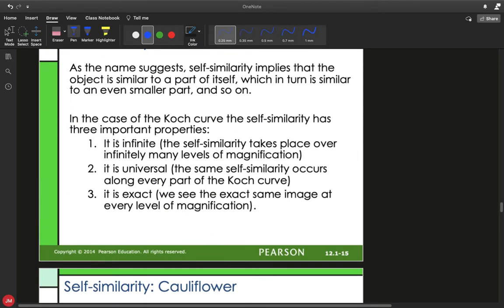Now, these are all kind of the ideal scenarios. Not everything is going to have infinite, universal, and exact self-similarity. So we'll talk a little bit more about approximate similarities, which is the opposite of exact. So you have exact and approximate. You also have both universal and local self-similarity.